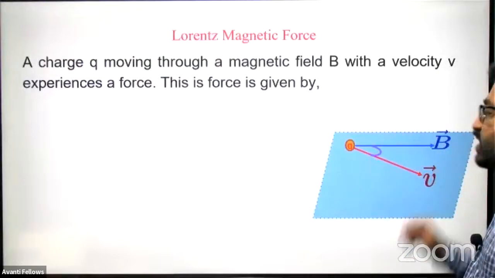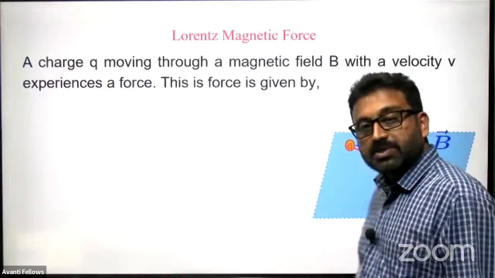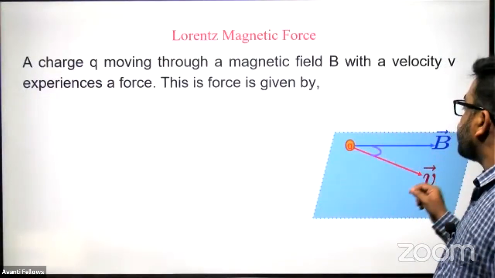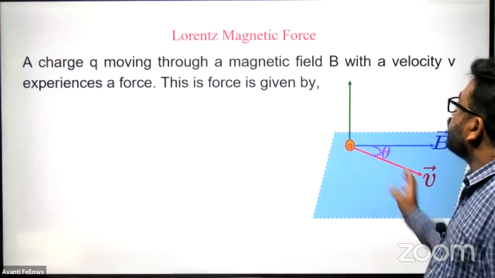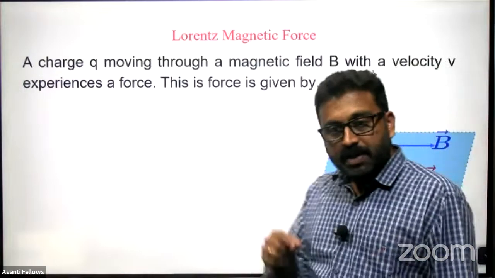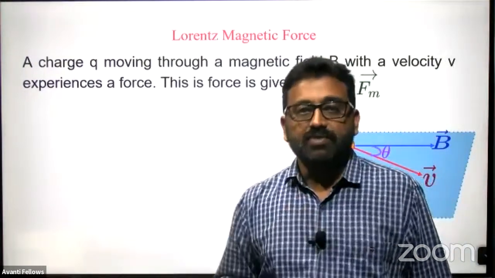So charge is moving and that velocity also will be a vector. It is also having a particular direction. So the angle between velocity vector and magnetic field vector is marked here. And this is the force experienced by that particular charge when it is moving in a magnetic field.